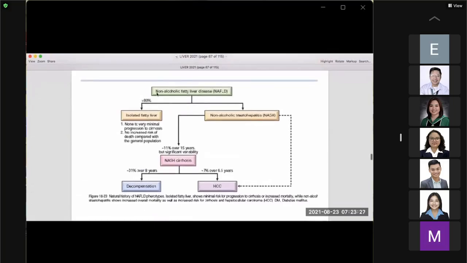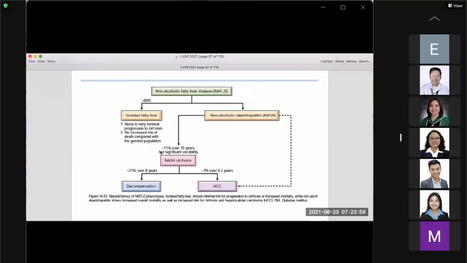A patient having non-alcoholic fatty liver disease, there can be isolated fatty liver. Okay, that will be fine. However, if they go into non-alcoholic steatohepatitis, this can progress into cirrhosis, but there are instances that, in the absence of cirrhosis, the patient will directly have hepatocellular carcinoma.